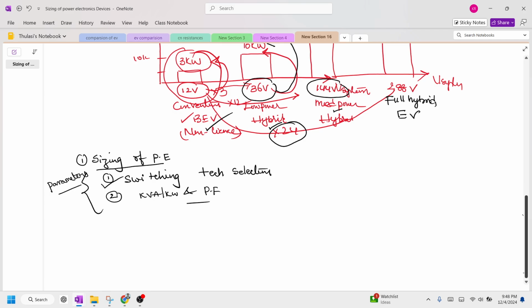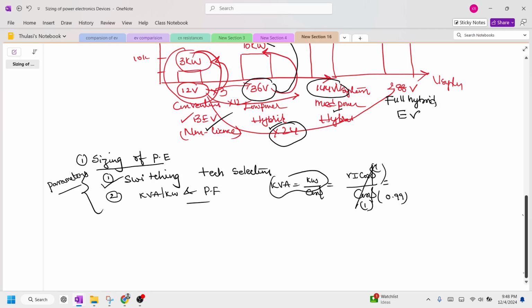It's very simple to understand. We know that kVA rating is nothing but kW by cos phi. So generally we can write this as VI cos phi divided by cos phi. When you take unity power factor, approximately 0.99, the power factor becomes unity here and unity here.